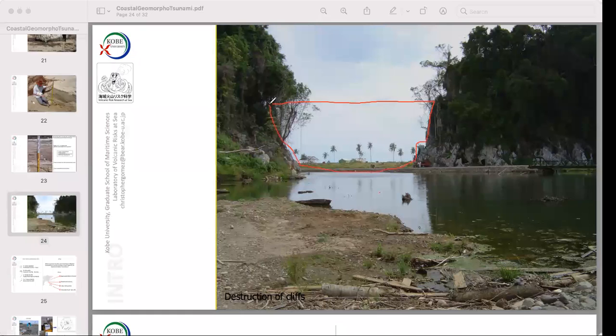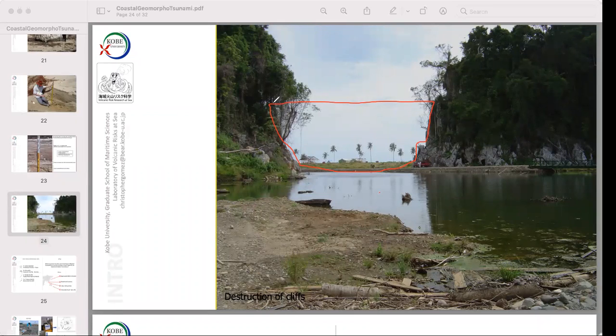So here we had a cliff wall, and all of that is just gone, destroyed by the tsunami. I have seen similar erosion patterns in the Tohoku earthquake, where walls that were not so big on the coastline, those cliffs have been destroyed by the tsunami. So you have those events that you don't see every day on the coast.